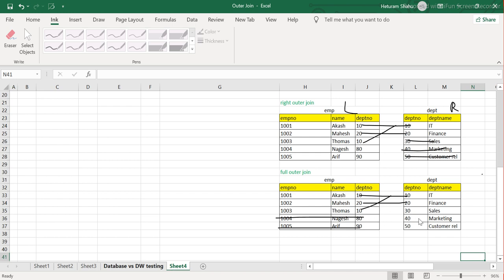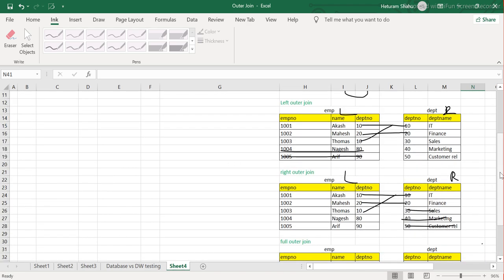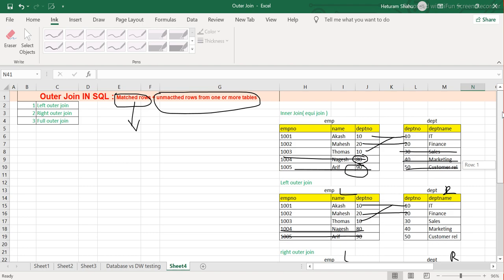Now from the right-hand side table also, there are three unmatching rows: 30, 40, 50. These will also be displayed from the right table, but the corresponding left-hand side columns like employee number, employee name and department number will be displayed as null. Let's see what I mean when I say null. I think you got a little bit of understanding, guys.